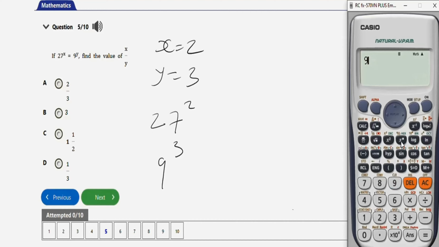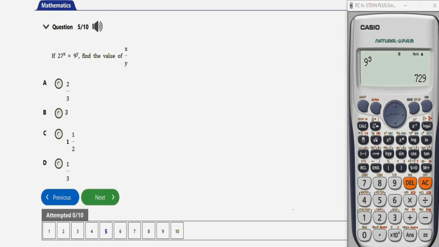So 9 cube, 729, you see? So when x is 2, y is 3 is the right option for this question, which is what? Option A. So when you express the value of x over y, you're going to have this option where x is representing 2 and y is representing 3. So it's as simple as this. That's it for this question 5.